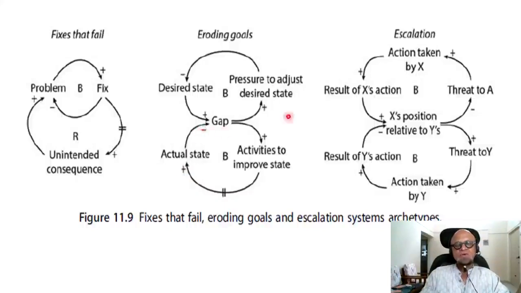Okay, so you have two loops here where the eroding goals are struggling between the desired state and the pressure you feel to adjust the desired state to manage the gaps, but then you have activities to improve the state which are actually not helping the overall reduction of gaps, so you end up eroding the goals. You have sometimes escalation.